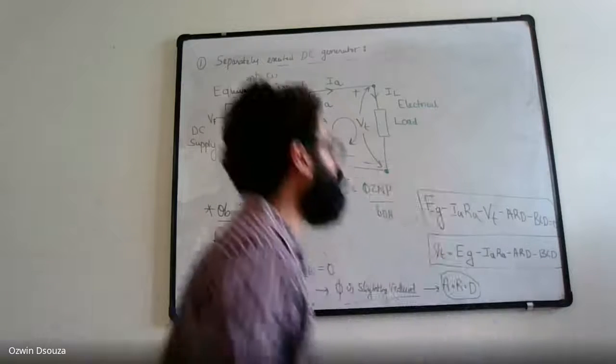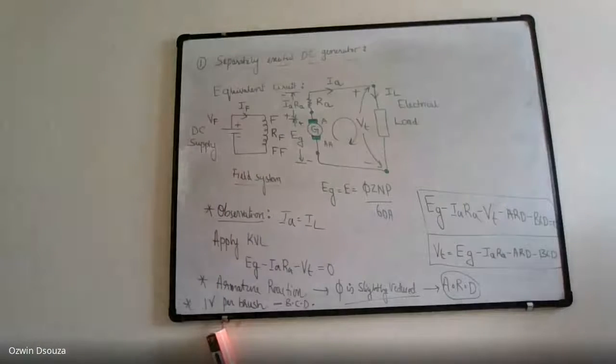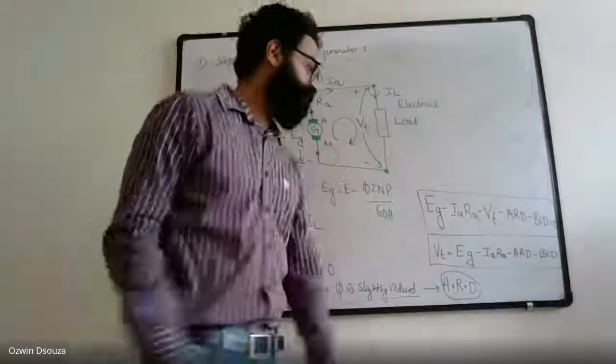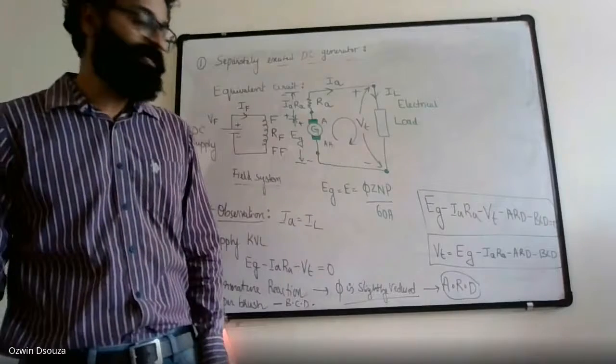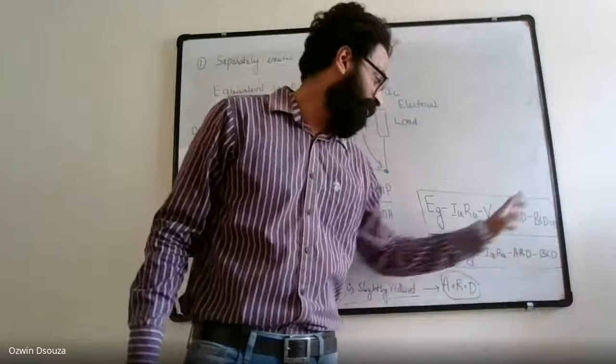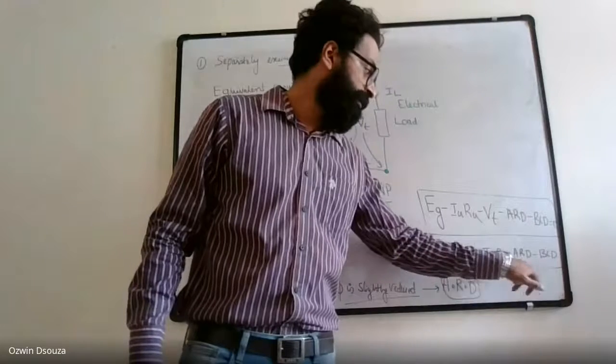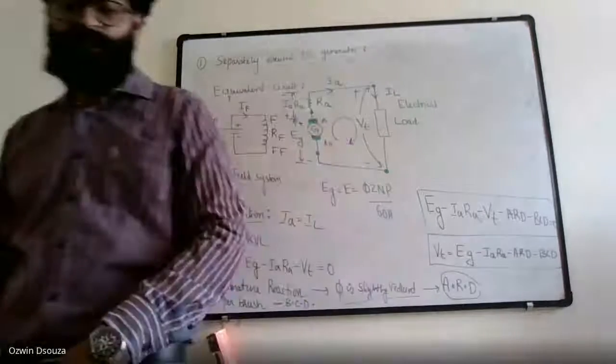So the terminal voltage appearing across the load is less than the generated voltage. Why is it less than the generated voltage? Because of all these drops: resistance drop, reaction drop, and brush contact drop.